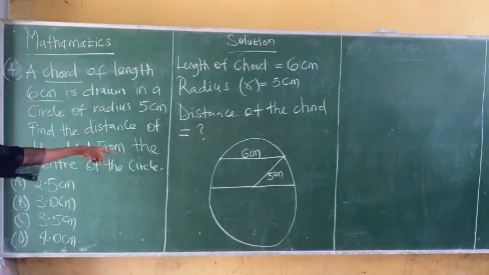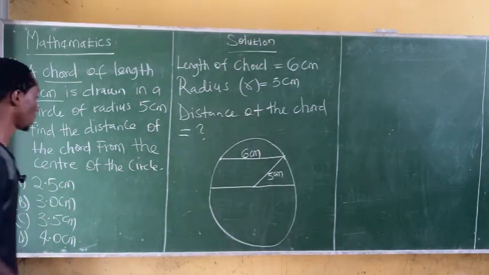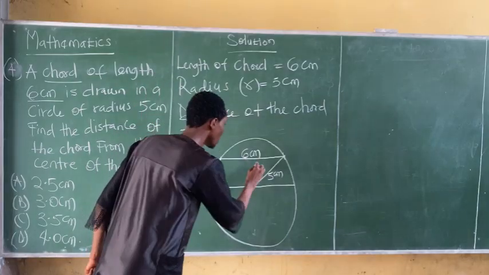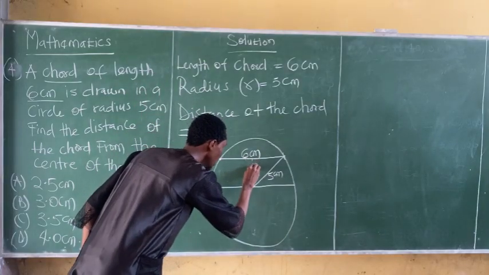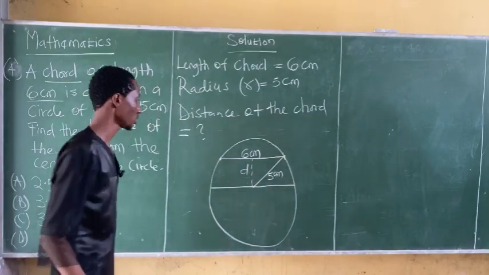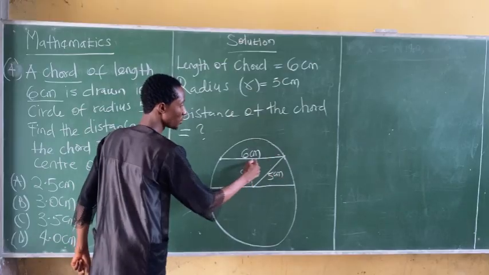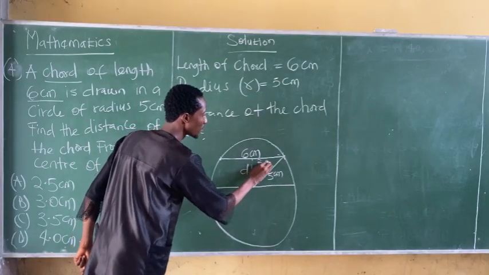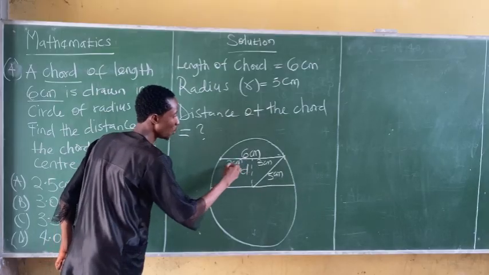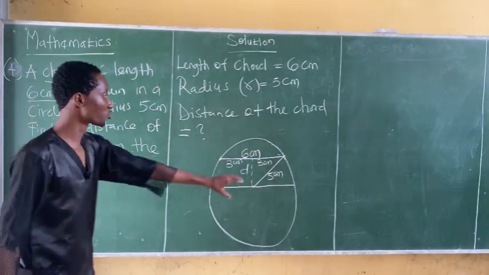Find the distance of the chord from the center of the circle. Now this is the chord, right? And this is the center of the circle. So let's say this distance, they say we should find it, is D. Now if this is 6 cm, it means half of this from here to here should be 3 cm, and from here to here should also be 3 cm. When you add them together, you have 6 cm. This is a triangle, right?